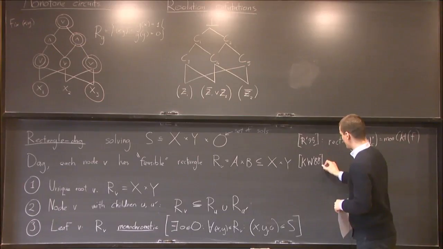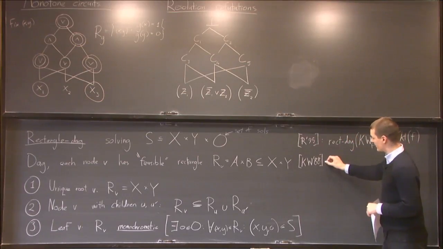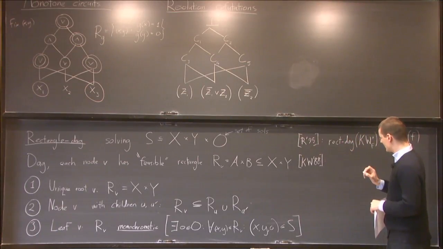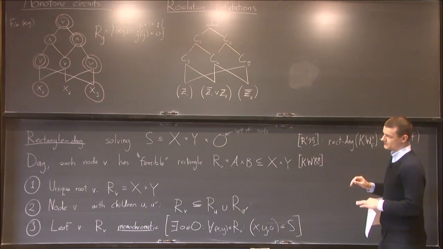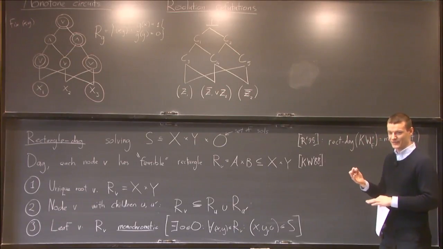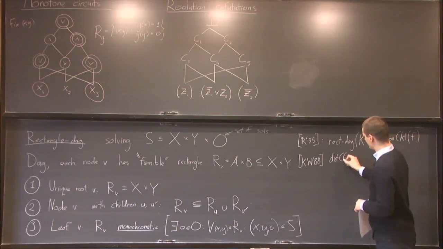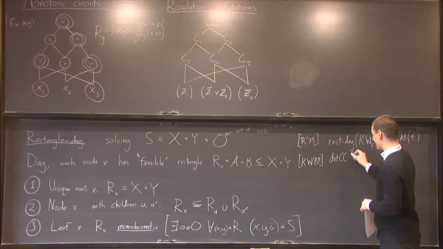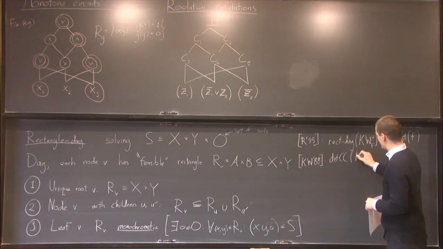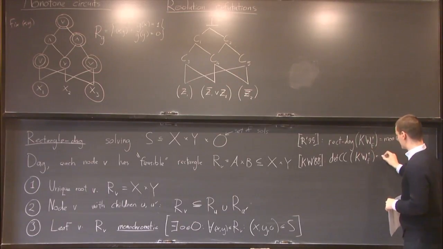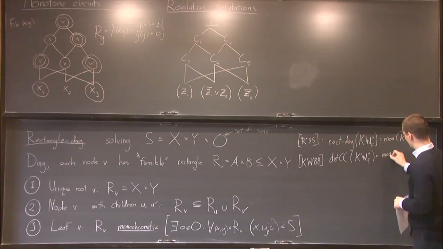So you should compare such a characterization with just the deterministic communication complexity of the monotone Karchmer-Wigderson game, deterministic communication complexity in the usual tree-like model. It's monotone circuit depth.